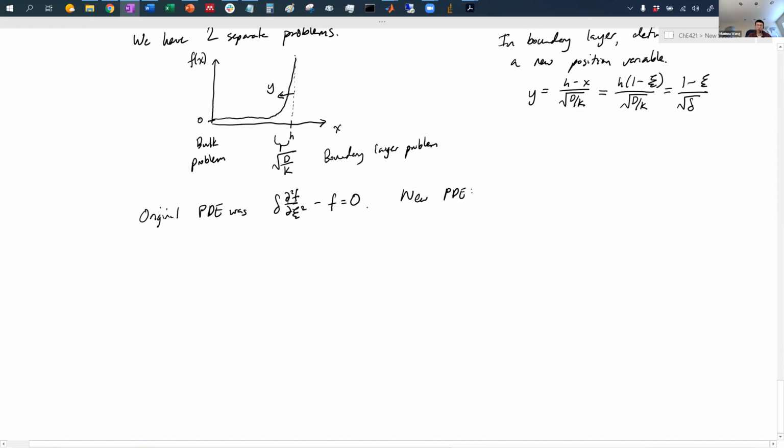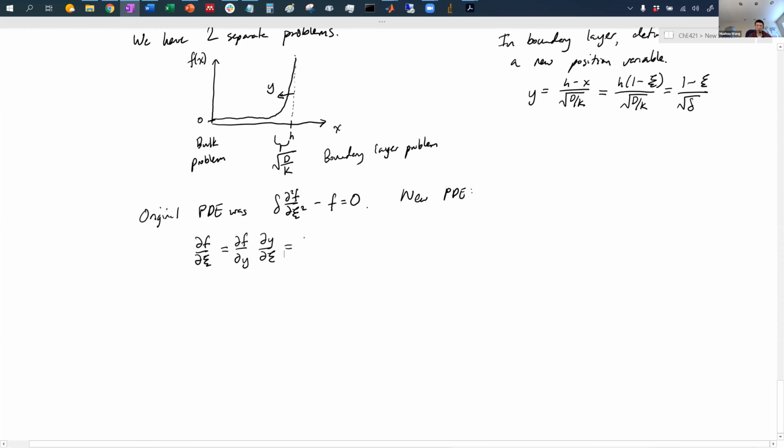The new PDE, well, we need to figure out what df dc is, right? So to do that, we'll apply the chain rule. df dx is df dy times dy dx. Now dy dx you could actually calculate pretty easily from this, right?